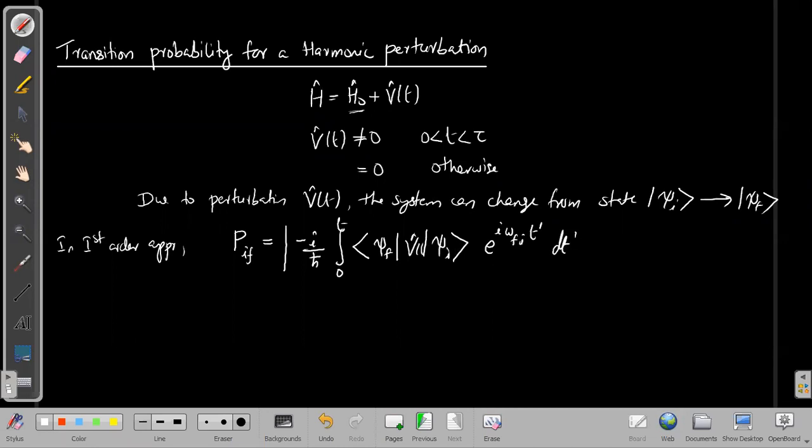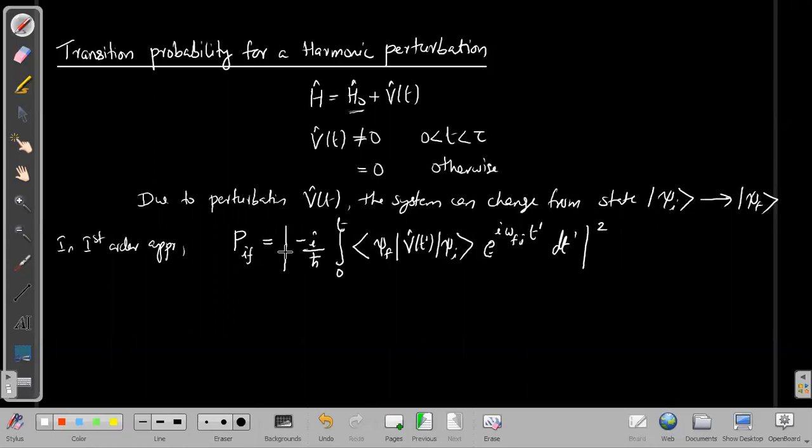Here V can be a function of t prime. Mod square. So this is the transition probability in the first order approximation.